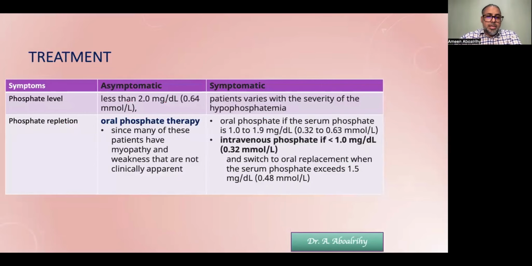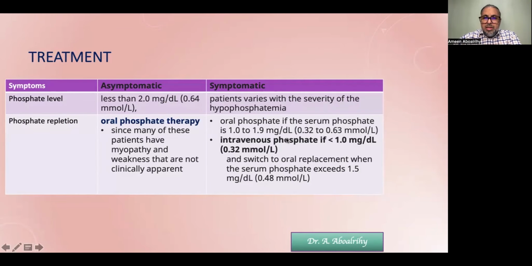How do we treat? It depends on the level and symptoms. If the level is like 0.64, just below the normal, which is 0.8 to 1.5 millimole per liter, most of them are asymptomatic. If they have some symptoms, oral phosphate should be fine.